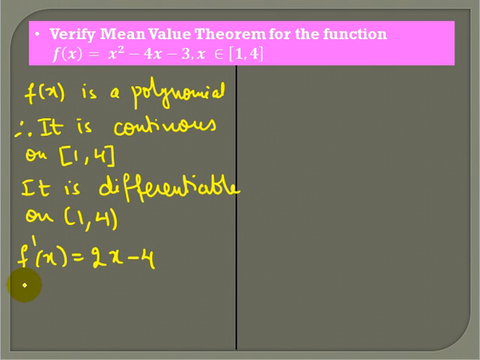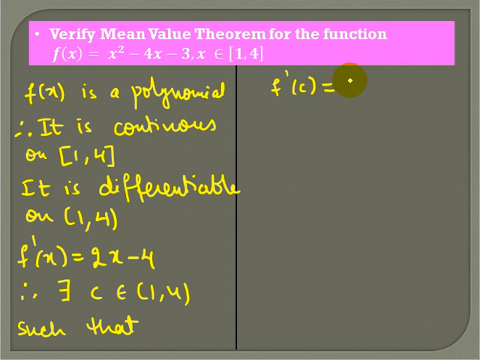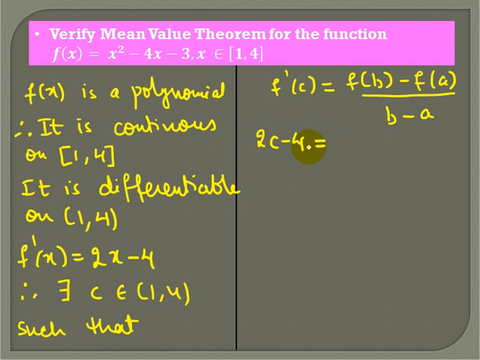So therefore we can say, because the first two required conditions are fulfilled, there exists a real number c belonging to this open interval 1 to 4 such that f'(c) will be equal to value of the function at b minus value of the function at a over b minus a. Now f'(c) we can obtain from here, replacing x by c. So it is 2c minus 4. f(b) and f(a) can also be evaluated.